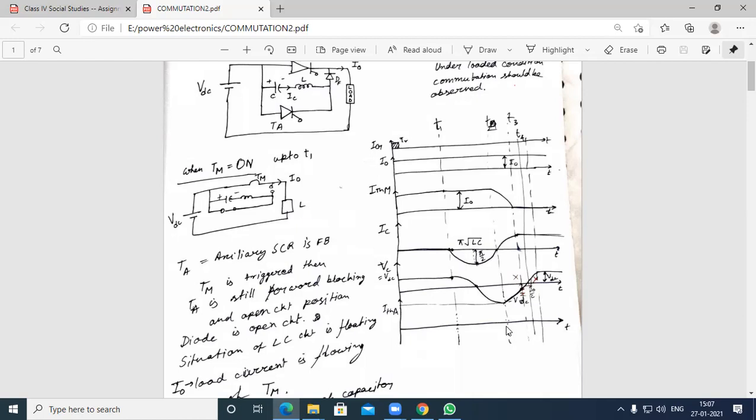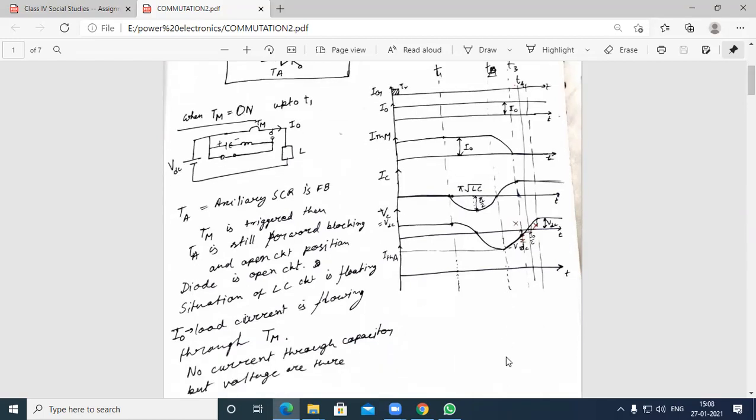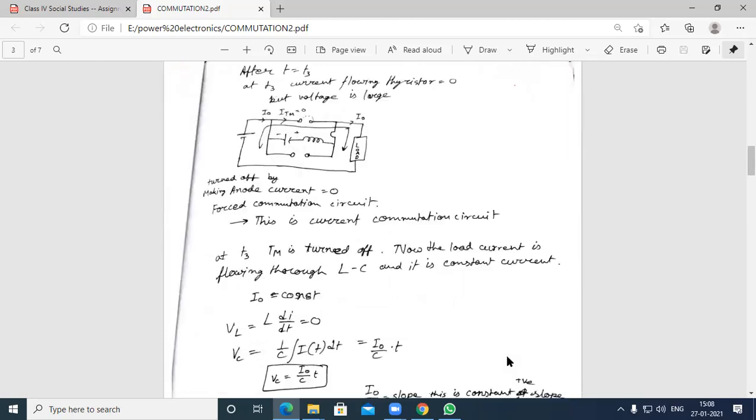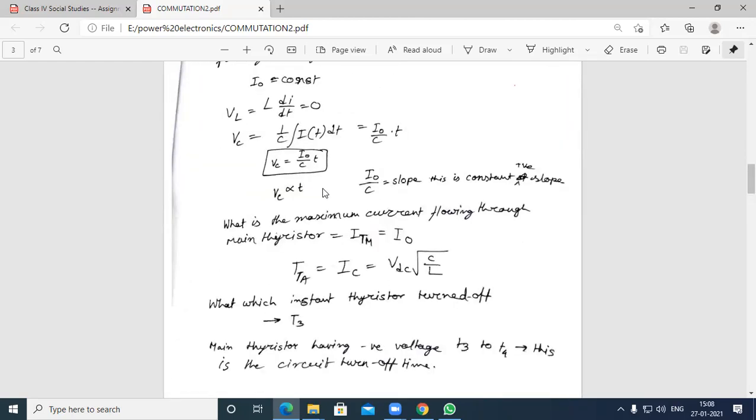But the capacitive voltage will be 1 by C integration of I dt, and that is equal to I naught t by C. So this capacitive voltage Vc equals I naught by C into t. This is actually the voltage equation for the capacitance.